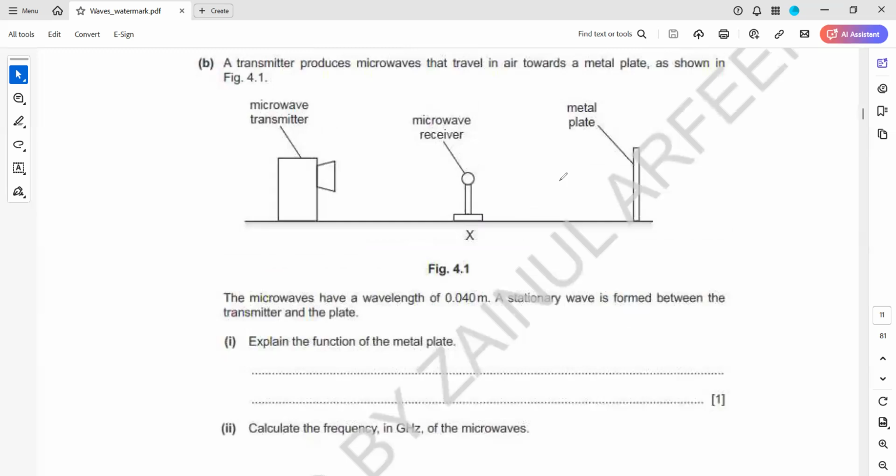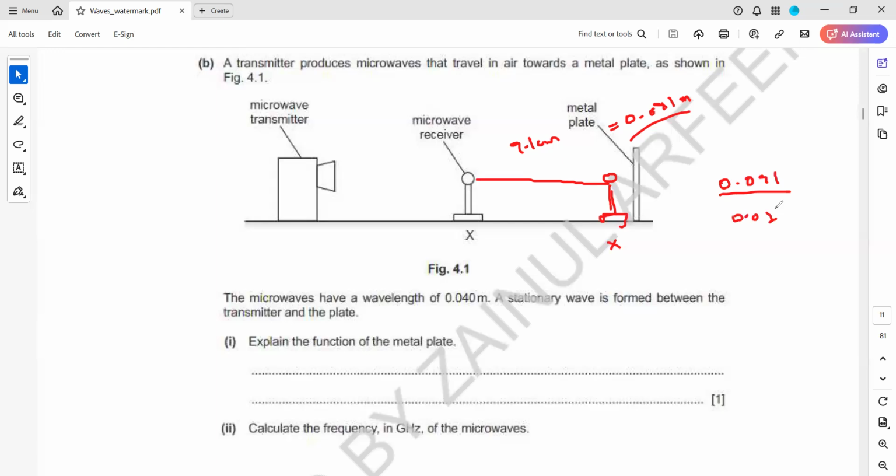If we move this X to a distance of 9.1 centimeter, or 0.091 meter, in 0.091 meter, how many nodes will we have? The number is 0.091 divided by 0.02.